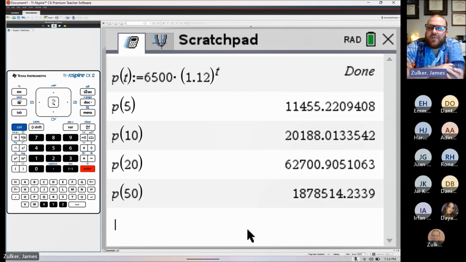Try 7 figures. After 50 years, you have about $1.9 million in the account. And again, if this was Roth, that's $1.9 million federal tax-free.